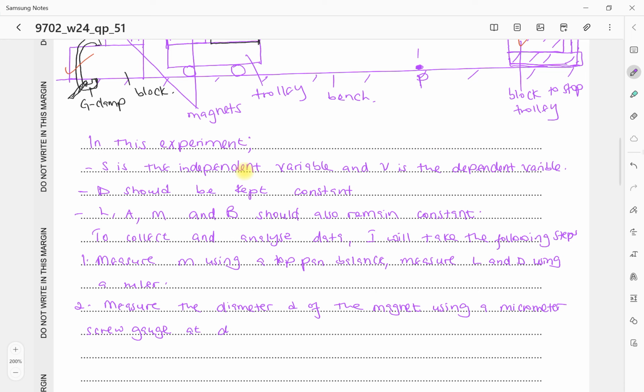At different points along the magnet, measure the diameter d at different points using a micrometer screw gauge along the magnet and obtain an average diameter.